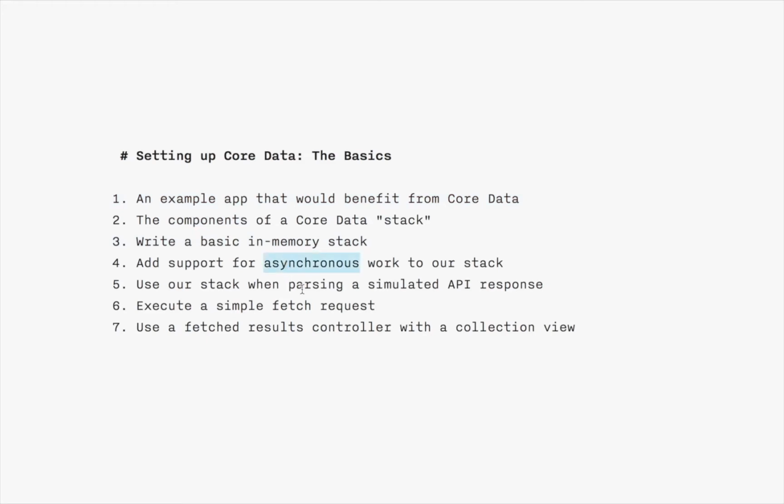And then we're going to show a real-world use case of parsing data from a simulated API response to update the data in our persistent store. And then we'll show you two examples of how to get that data back out. First by making a simple fetch request, and then by using NSFetchedResultsController as the backing store for a collection view. So let's start out by talking about our example app.